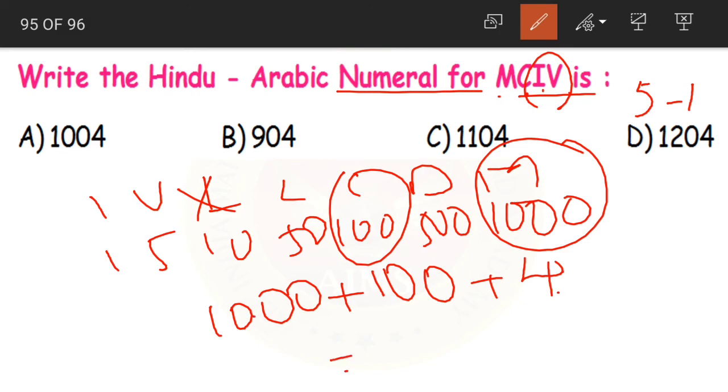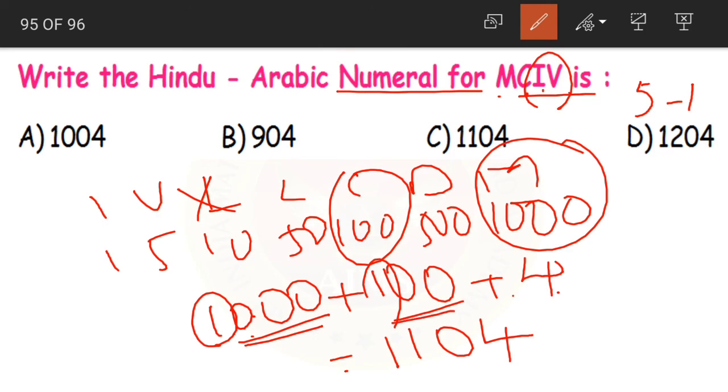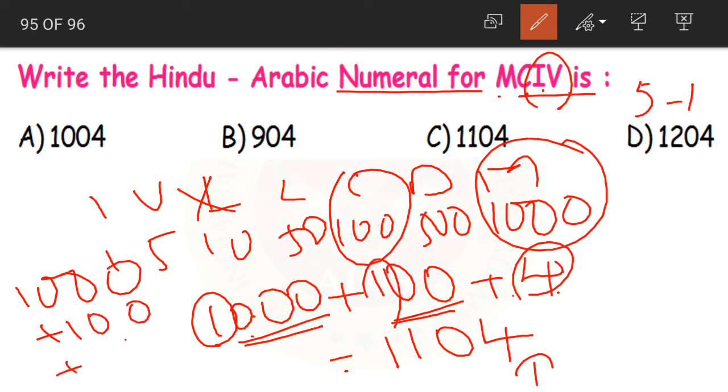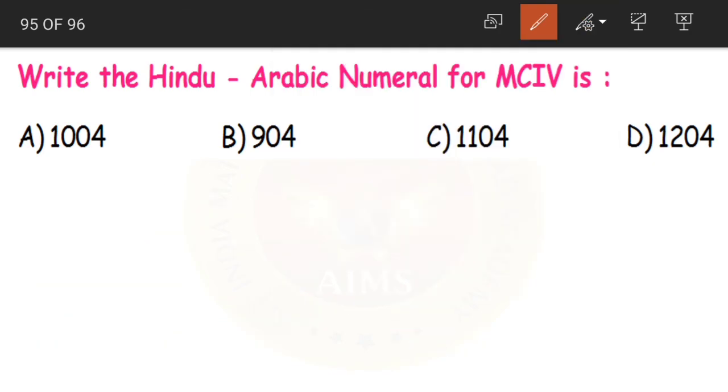So what will be the resulting number here? 1104. 1 in the thousands place, 1 in the hundreds place and 4 in the ones place. So 1000 plus 100 plus 4 becomes 1104. Option C becomes our correct answer. So 1104 is the Hindu-Arabic numeral for MCIV.